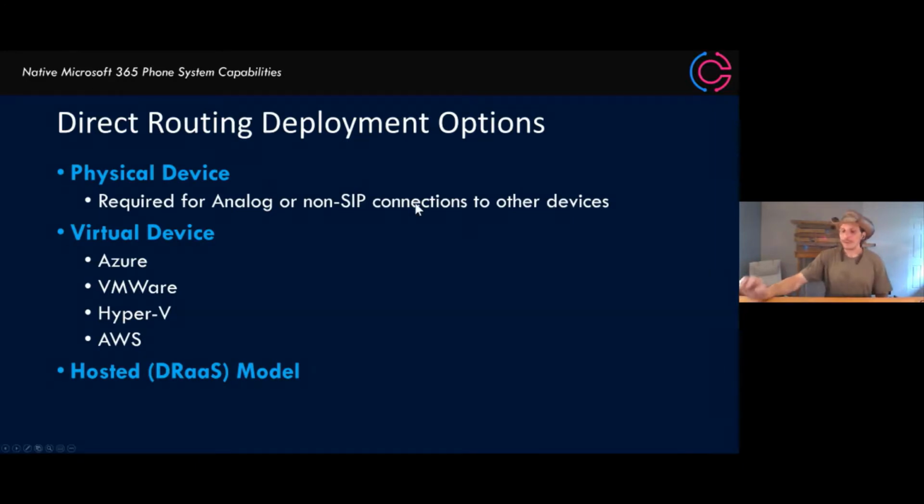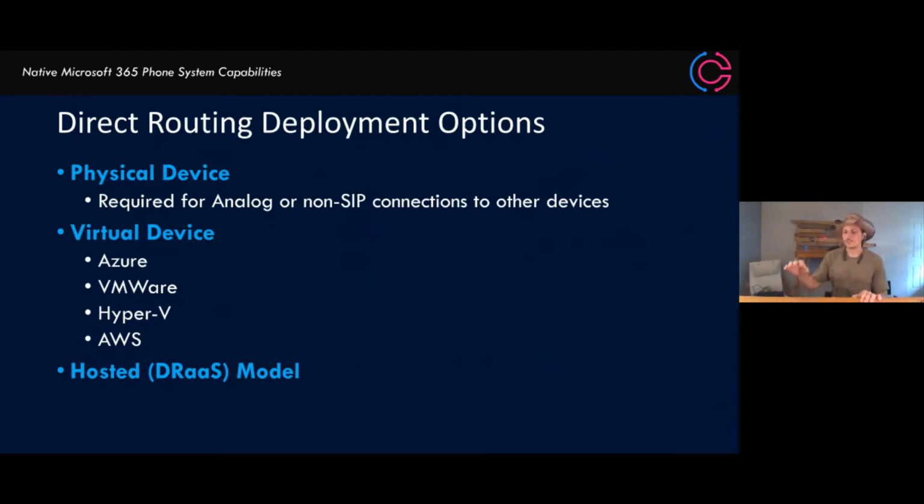Direct routing deployment options. So on a physical device, you're going to want to have a physical device if you have to have analog or non-SIP carrier connections coming into the SBC itself. If you can have those connections come into some other device that then connects to your SBC via IP or SIP-based connection, then you can keep the SBC virtual.